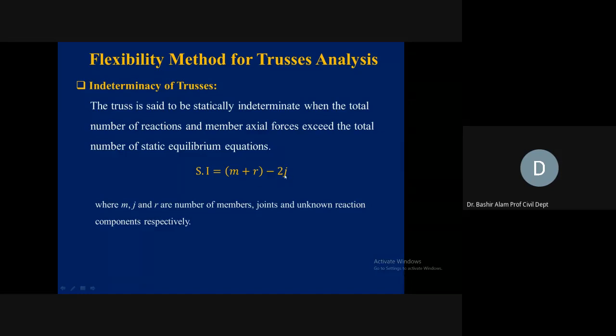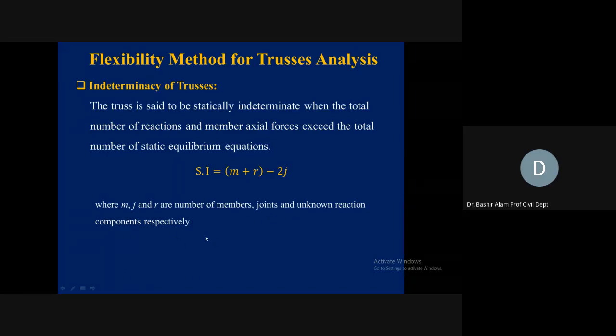So if they are equal, the structure is statically determinate. And if m plus r exceeds 2j, then the difference will give you the degree of statical indeterminacy. Here is the explanation of the different terms, where m, j, and r are the number of members, joints, and unknown reaction components respectively.